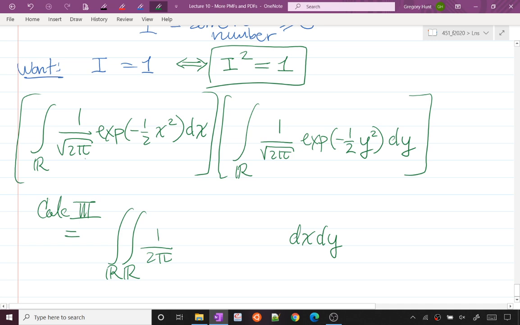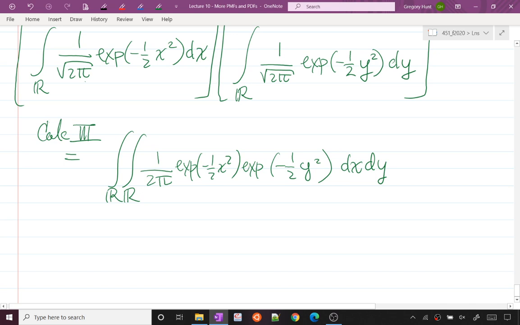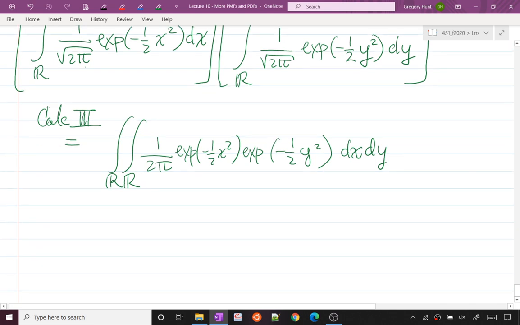And then what do I have? I have exponential of negative 1/2 x squared, and the exponential, let's move this over, of negative 1/2 y squared, and dx dy, the order doesn't matter. I'm just going to write this as the integral over R2. I'm going to be lazy and not write a bunch of double integrals.